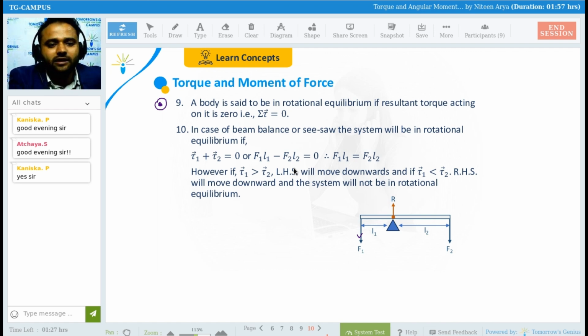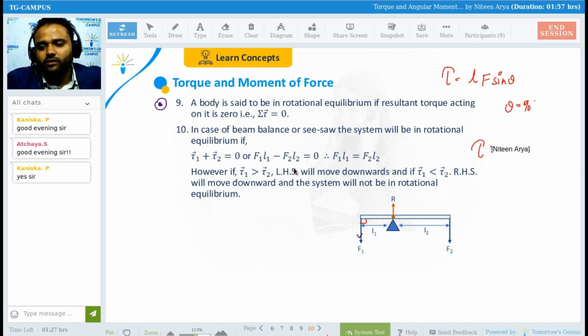Why? Because easily you can see the angle here is 90 degrees, and we know torque is L F sine theta. Here theta is 90 degrees. So directly we can write torque tau equals force into L, or L into F, whatever you want to write. Then torque tau1, torque tau2. Now see, why it is going to be F2?